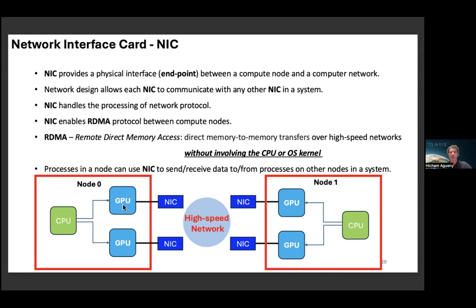The example here is transferring data from a GPU memory to the GPU memory on another node. With RDMA, it will go through the network interface card and then the high-speed network, without involving the operating system, to the network card and then to the memory of the GPU in a remote system. The particularity of RDMA is that it reduces the load on the operating system, unlike other traditional protocols like TCP, where the communication is very slow.